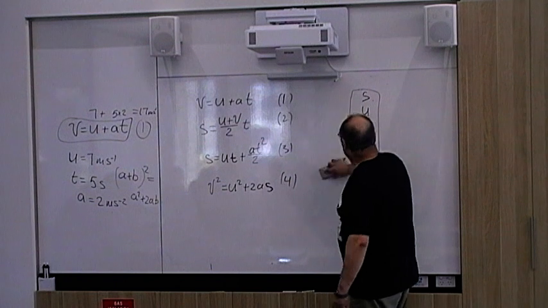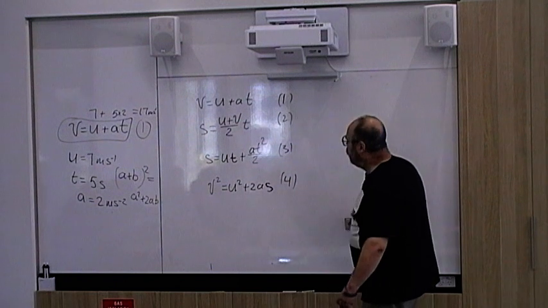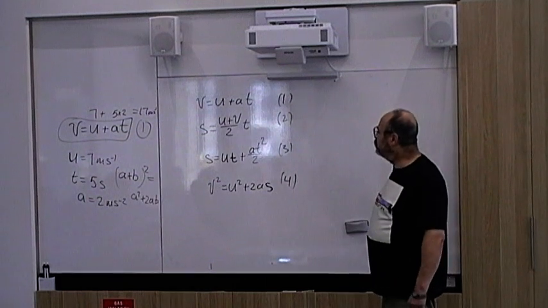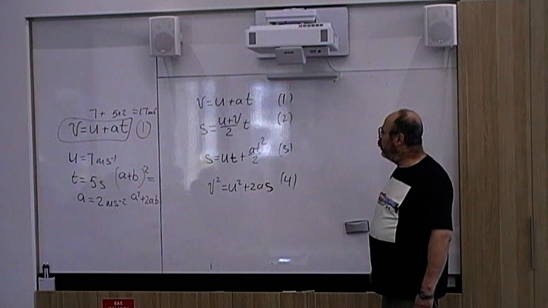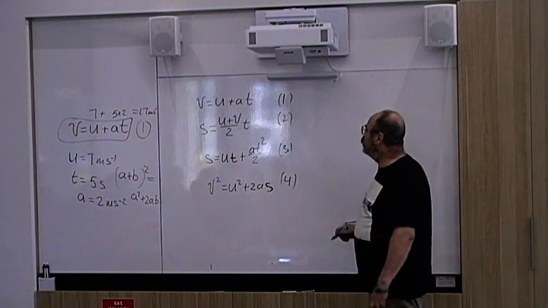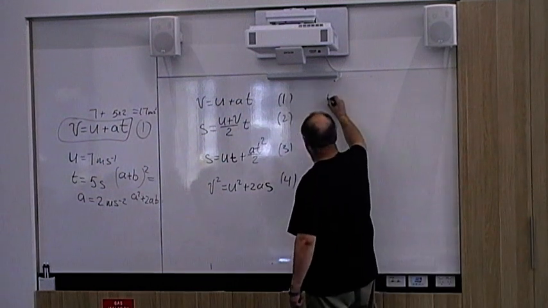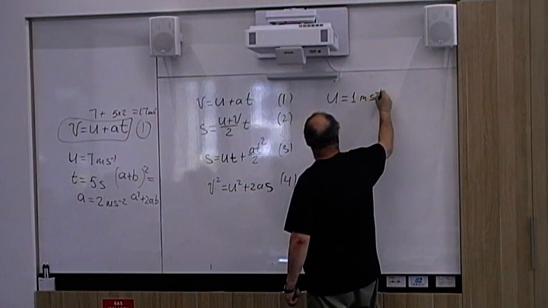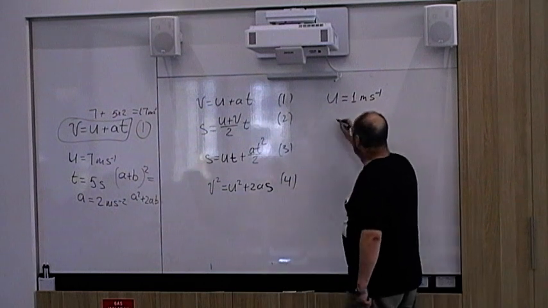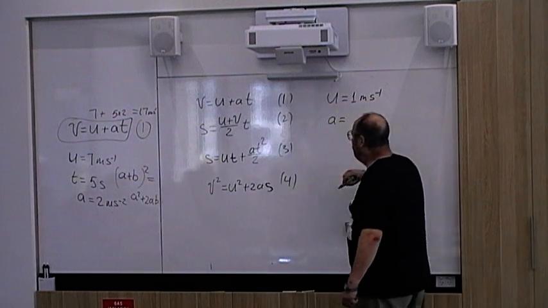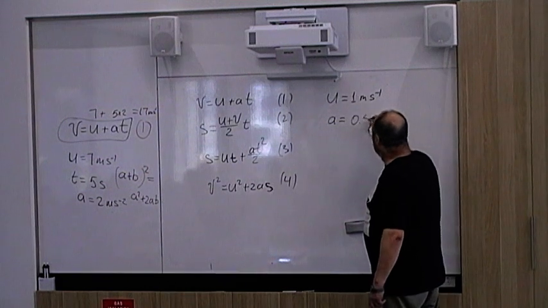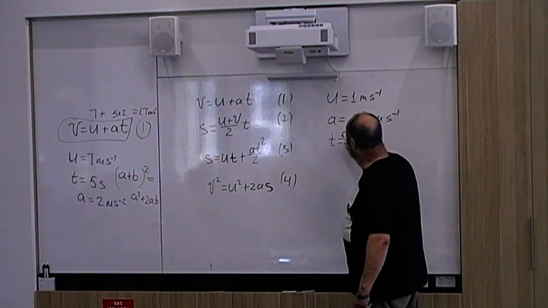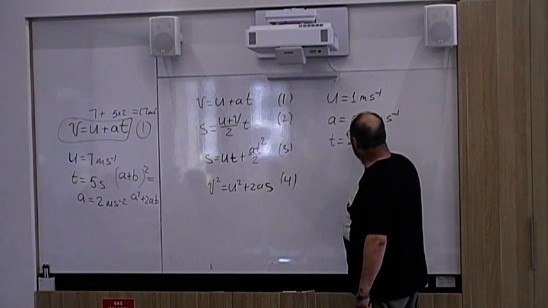For example, let's say a question. Leo was walking with an initial velocity of 1 meter per second. Then he accelerates at a rate of 0.5 meters per second squared, and he accelerated for 2 seconds.